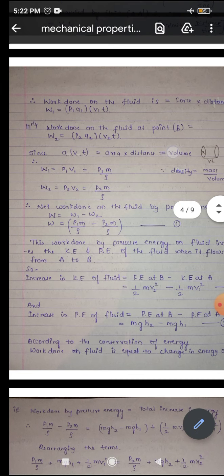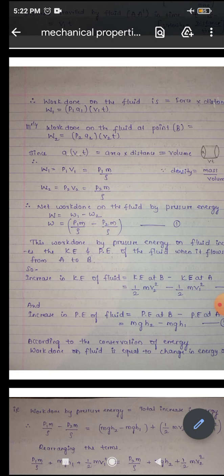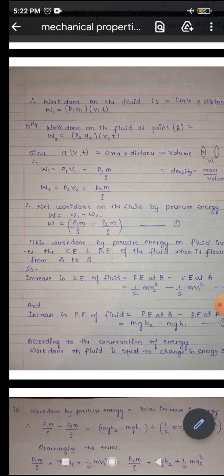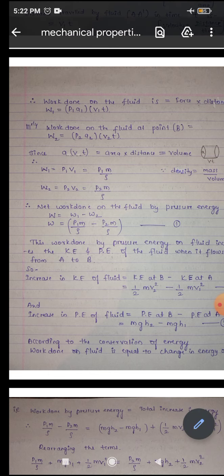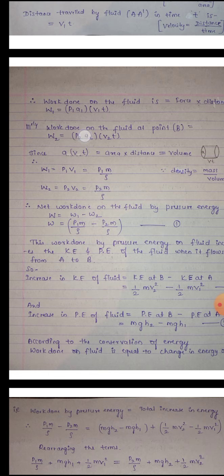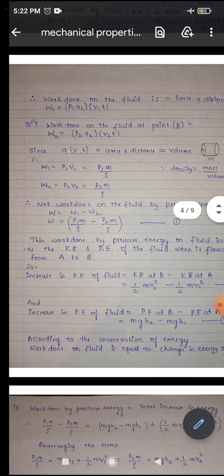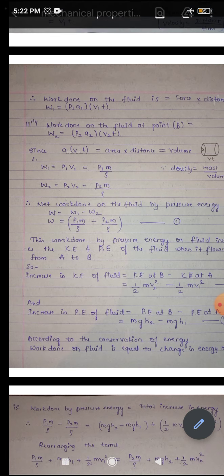And W2 will be P2 V2, because P2 stays as it is and A2 V2 t, from this equation, changes to the volume V2.